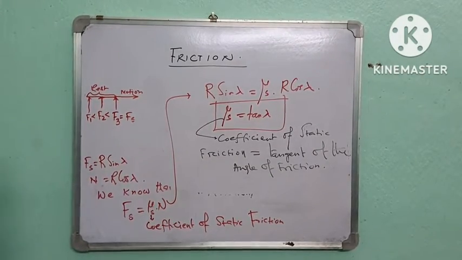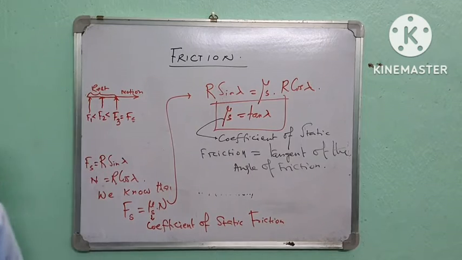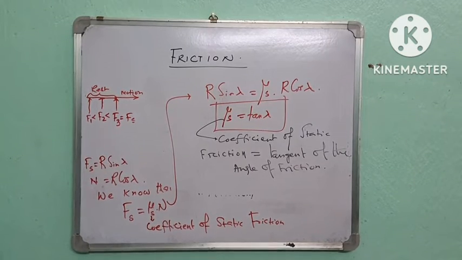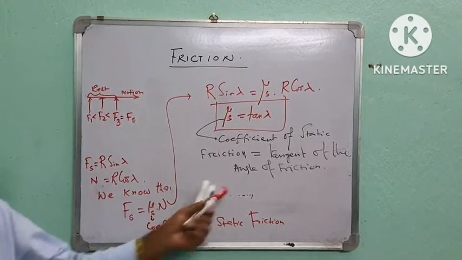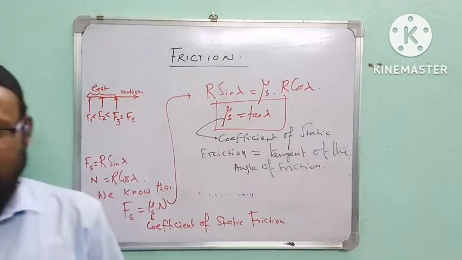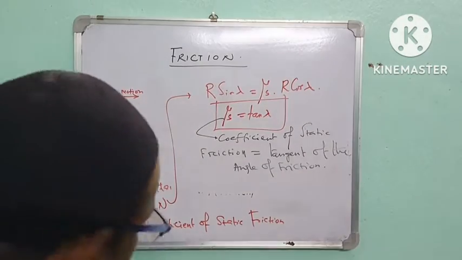This is important. Angle of friction. The coefficient of static friction is equal to the tangent of the angle of friction. This is the definition. Okay.